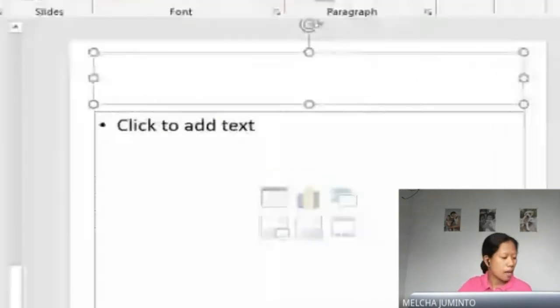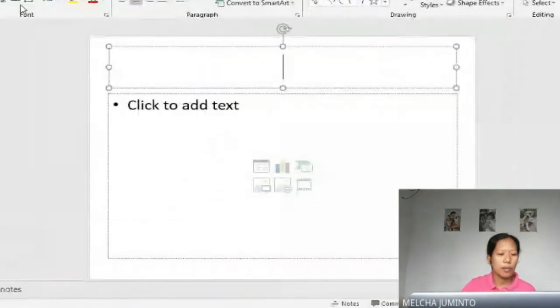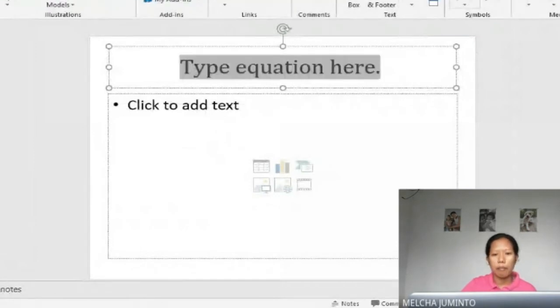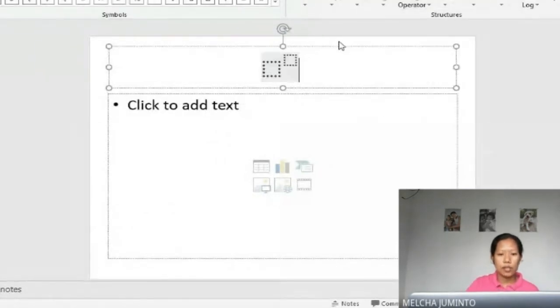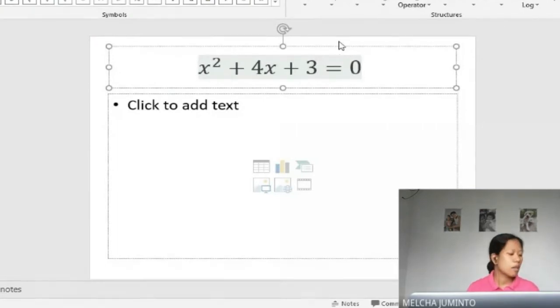Let us answer number 1 first. Let me first write the equation. The given equation is x squared plus 4x plus 3 equals 0.